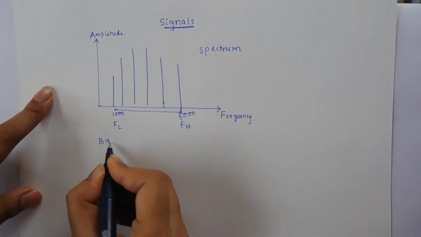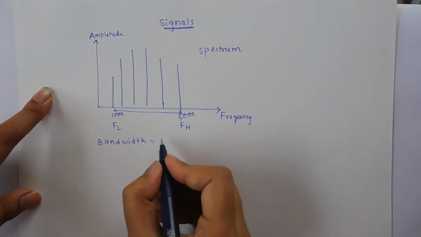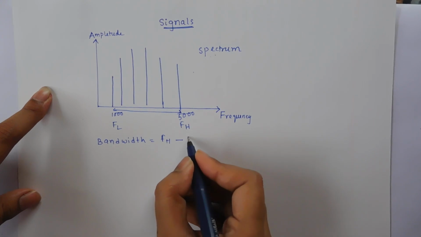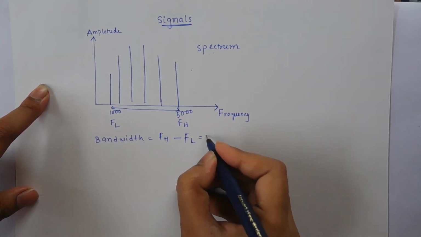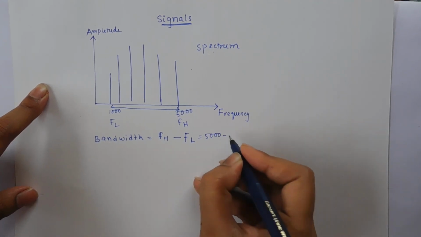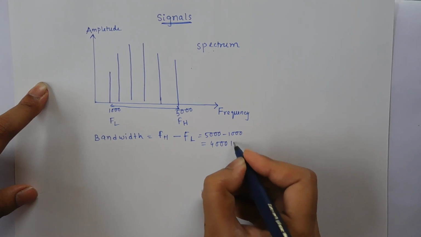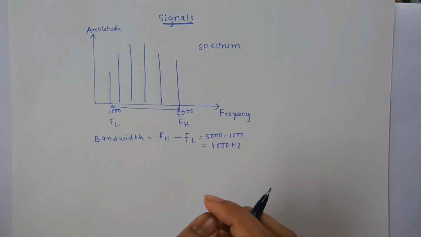So, bandwidth refers to the gap between highest and lowest frequency. So, we can say 5,000 minus 1,000, so 4,000 hertz. Obviously it's the difference of frequency, so the unit is hertz.